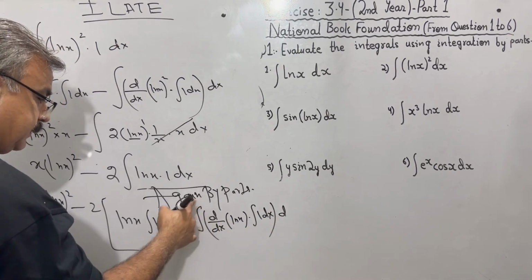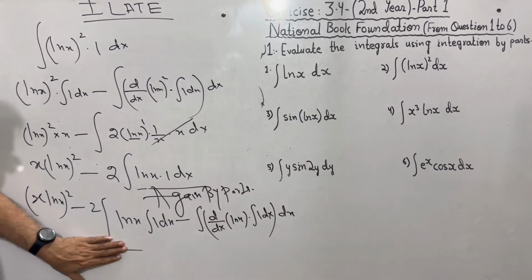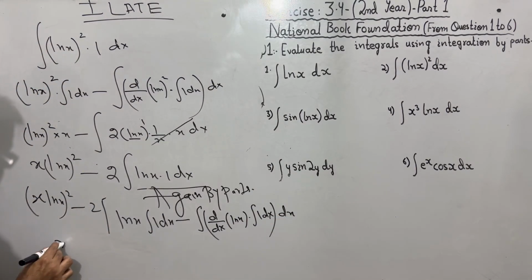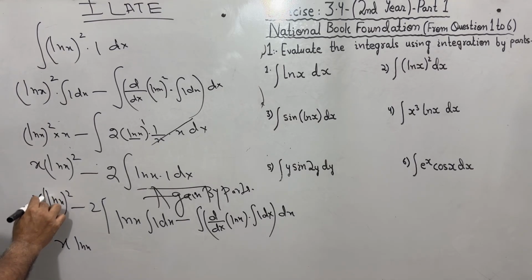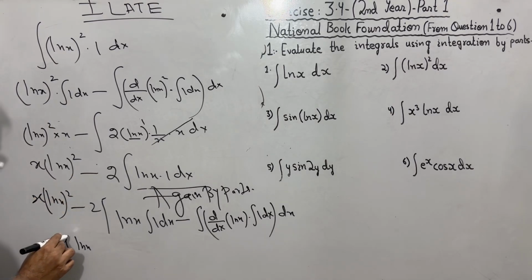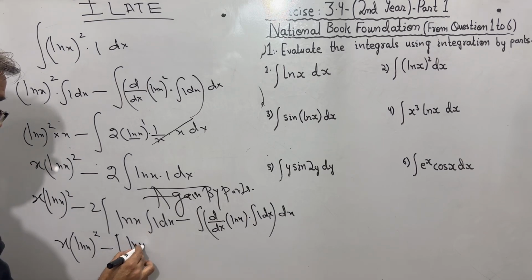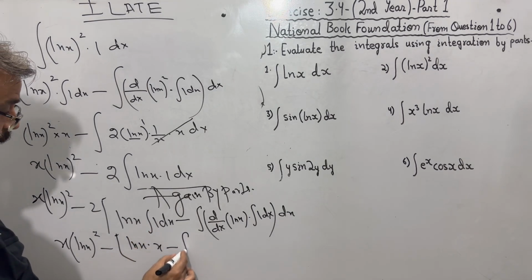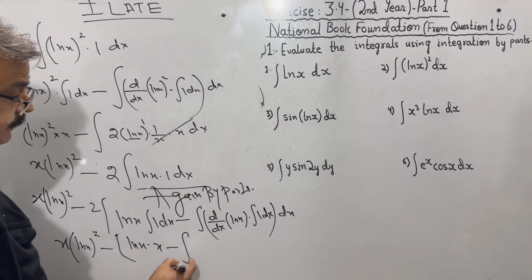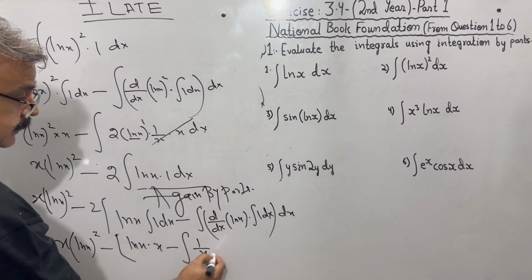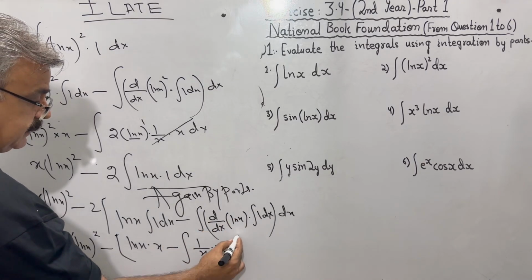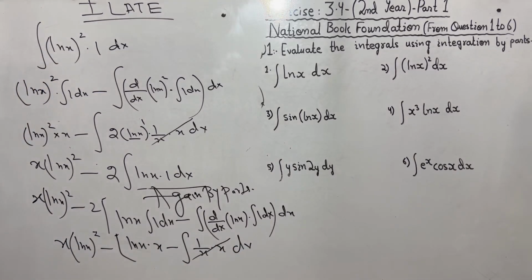Because of this integral dx, we have x outside: x (ln x) square minus 2 times ln x, integration of 1 is x, minus overall integral, differentiation of ln x is 1 over x, integration of 1 is x times dx. They are cancelled out. One remains here. Again integrate one time.